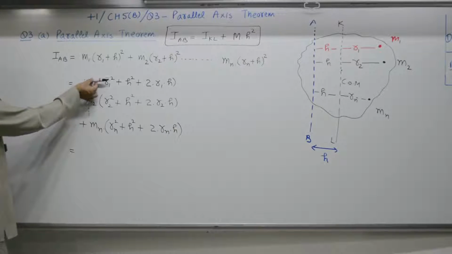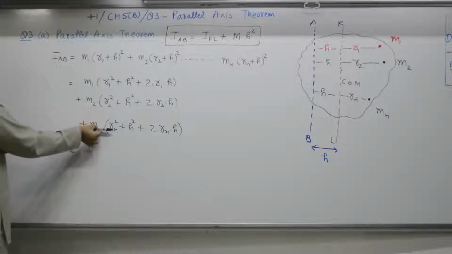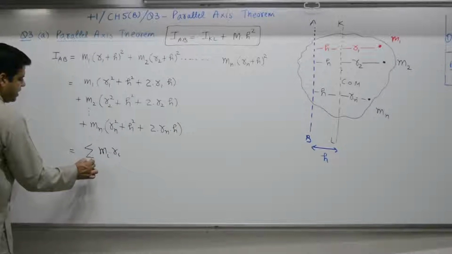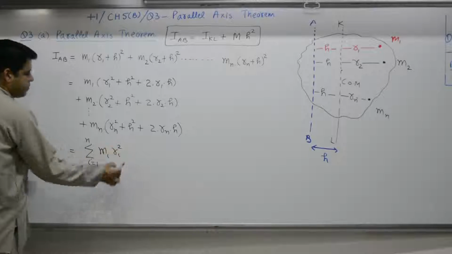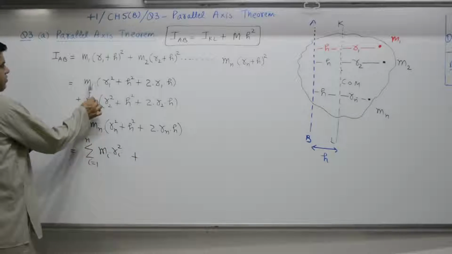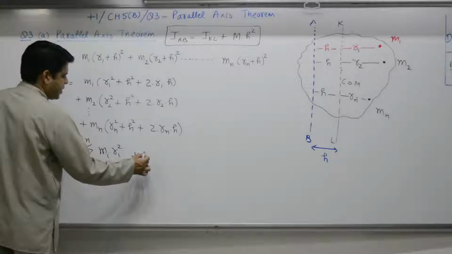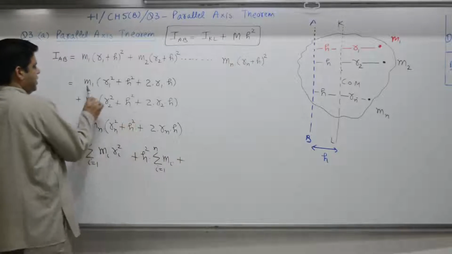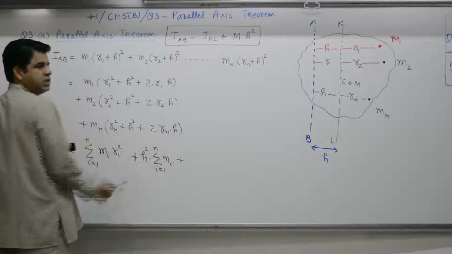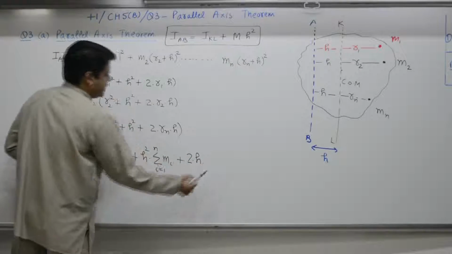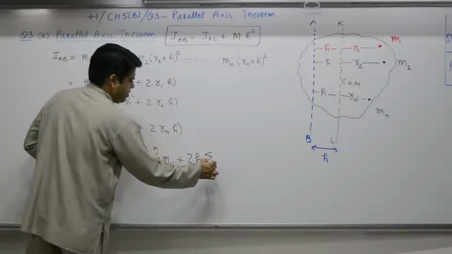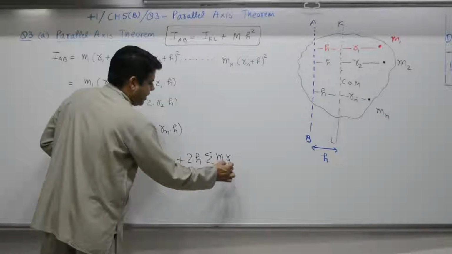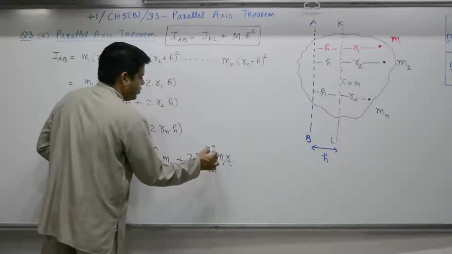What you get is, if you add all these, m1 r1 square, m2 r2 square, mn rn square, it is the sum of mi ri square when i varies from 1 to n, plus m1 h square, m2 h square, mn h square. h is the same, so it is h square times the sum of masses, i varies from 1 to n, plus 2h is common, and what you get is m1 r1 plus m2 r2 up to mn rn, the sum of m and r, i varies from 1 to n.